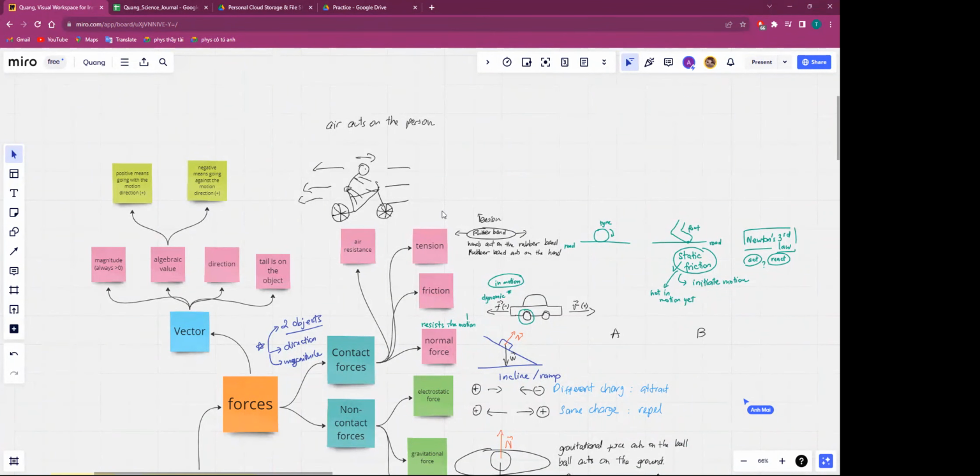The algebraic value is related to the motion direction. The motion direction is the plus sign, a positive value. The other way around is going to be negative. Whereas the magnitude doesn't depend on the motion direction.